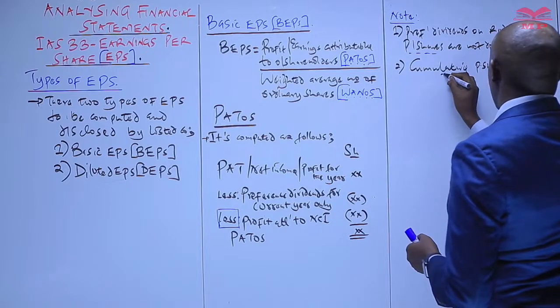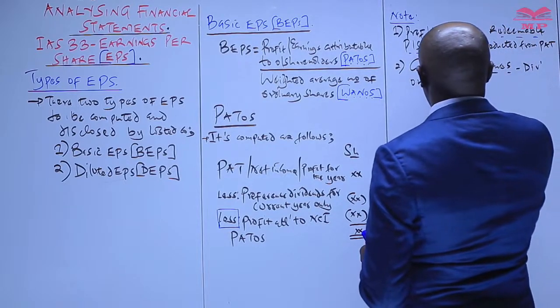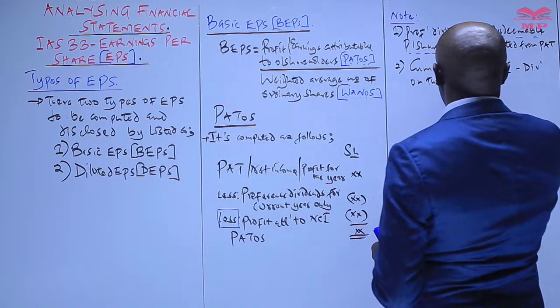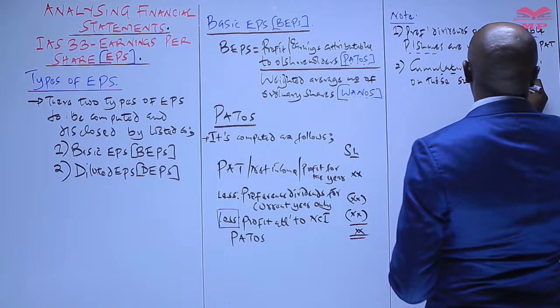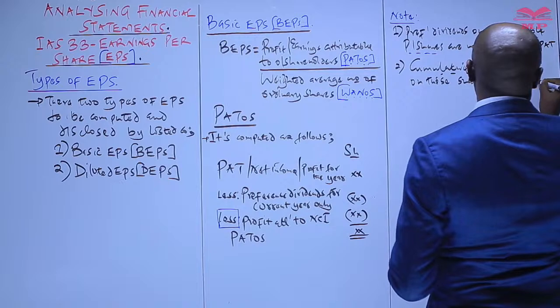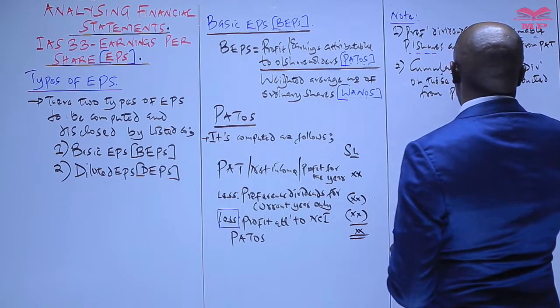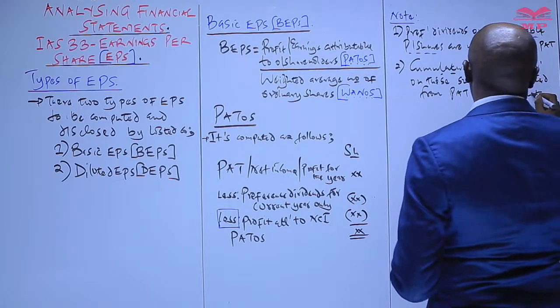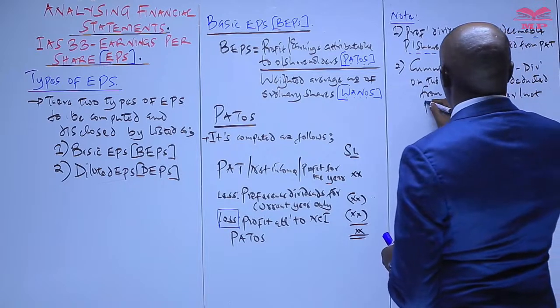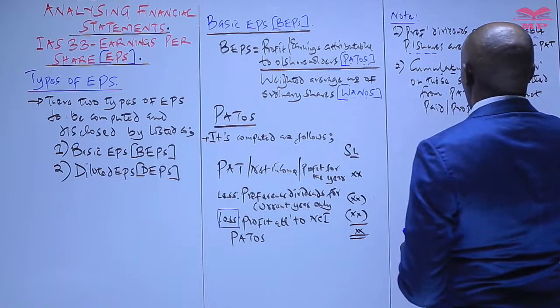So for cumulative preference shares, dividends on these shares are deducted from profit after tax, whether paid or proposed.